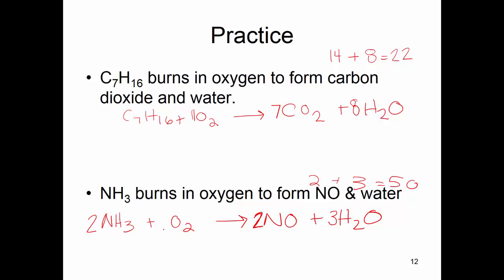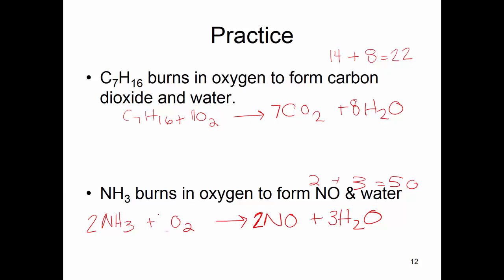So if I put a 2 there, I only get 4. If I put a 3 there, I get 6. So there's no way for me to multiply through by 2 and get 5, right? It's always going to be an even number. So this is an issue. There's no whole number that we can put there.